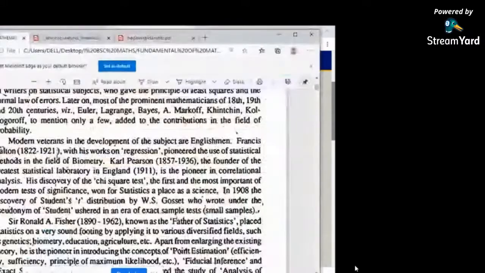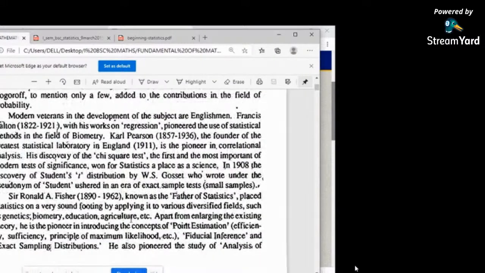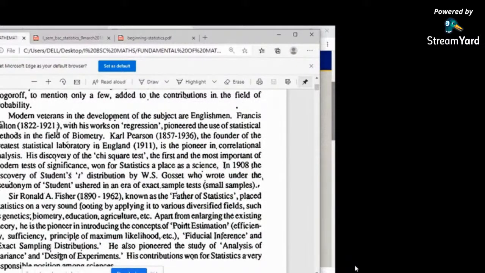Anyway, this is some brief history of statistics. In fields like genetics, biometry, education, one cannot move ahead with research without statistics. Statistics is a necessary part of research or preparation of reports, whatever the study going on. We should use statistical theory.